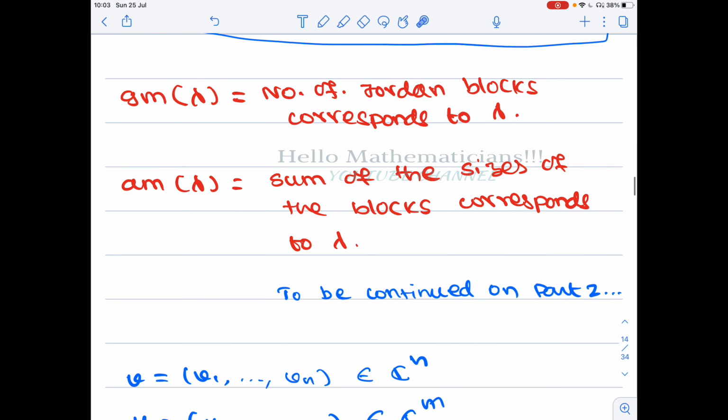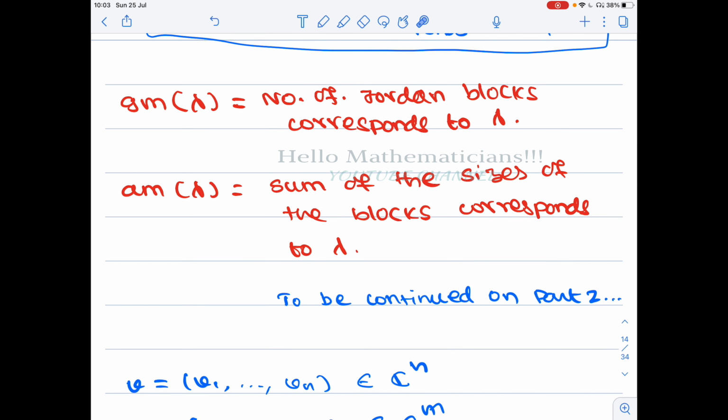Next, suppose a matrix A is similar to a Jordan matrix. What can you say about A? We are going to prove that whatever results we proved for a Jordan matrix are also true for a matrix similar to the Jordan matrix.